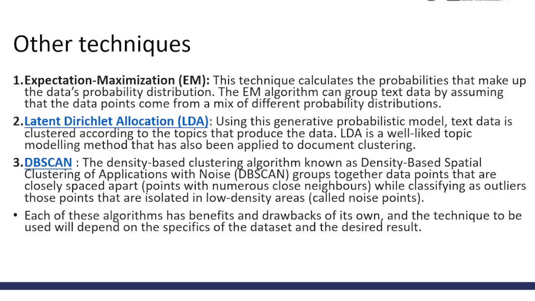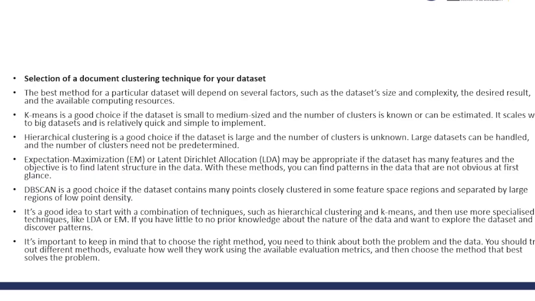So each of these algorithms has its own advantages and disadvantages. K-means is a good choice if the data set is small to medium, and hierarchical clustering can help if the data set is large and the number of clusters is not already known. EM or LDA may be appropriate if the data set has many features and I am looking to find some kind of latent structure, some kind of hidden structure in the data.